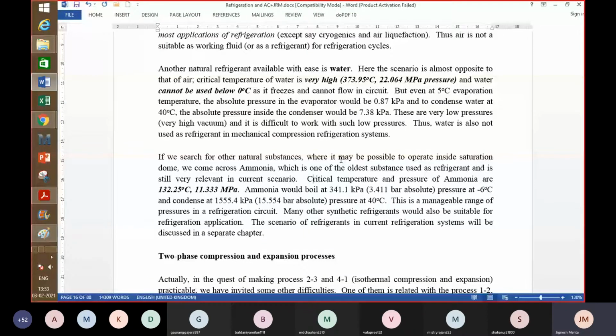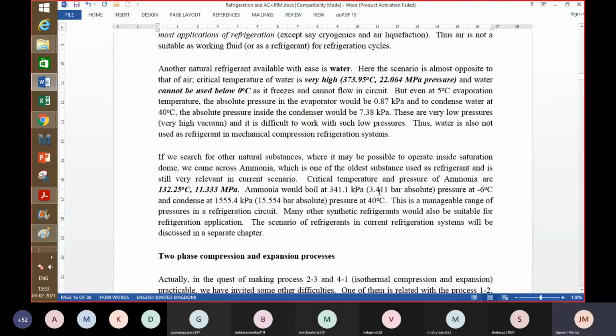Let's say you want to keep something at 0 degrees Celsius, so you may expand the ammonia at -6 degrees Celsius. At that time, the pressure would be 341.1 kilopascal. This is absolute. If you subtract roughly 1 bar from that, it will be the gauge pressure.